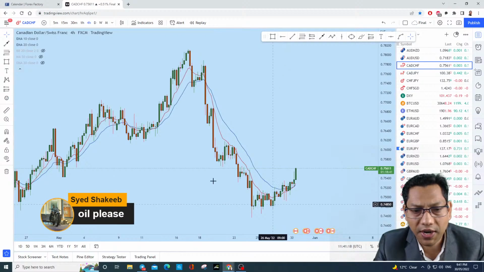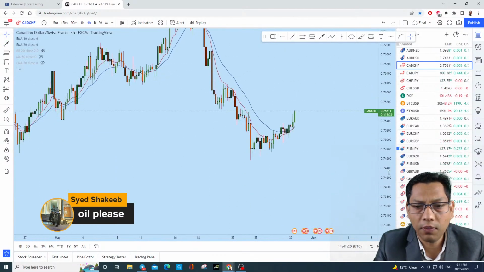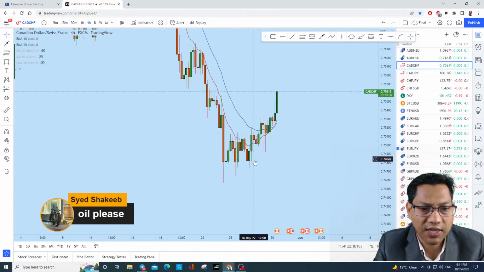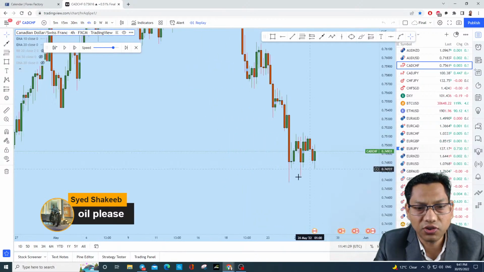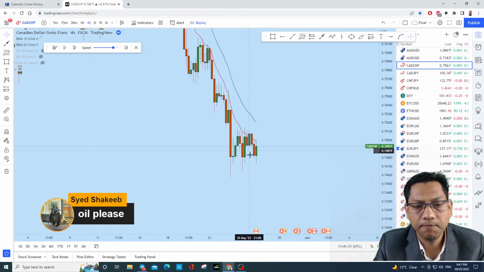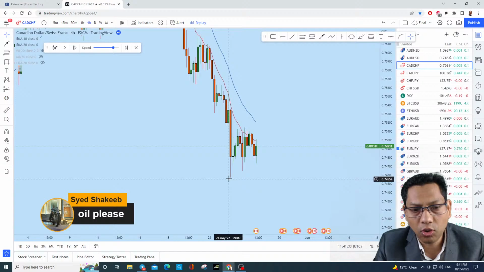You remember, if you are following my live stream, this is exactly what I told you when this candle was forming. You can review the live stream and you'll see this candle was forming. This is exactly what I told, that the price bounce from this monthly support is likely to go up, because this is the monthly support.